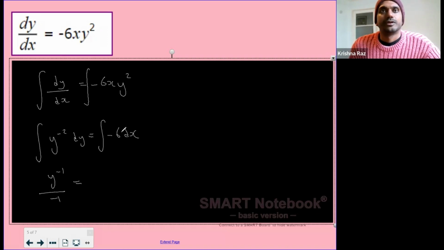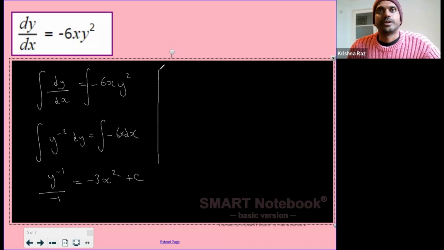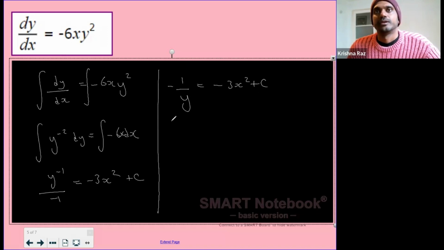And that will equal minus 6x squared over 2. Yeah, so what we have is minus 1 over y equals minus 3x squared plus c. So 1 over y must equal c minus 3x squared. So y is 1 over c minus 3x squared.